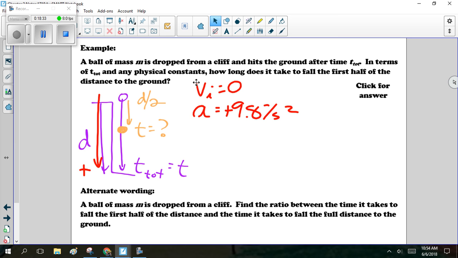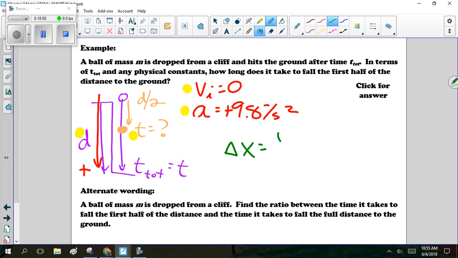So how do we do this? Let's think about what equation we know that uses these variables. What equation do we know that uses initial velocity, acceleration, time, and distance? The one that's jumping out at me right away is this one.